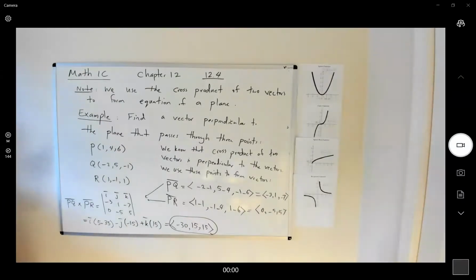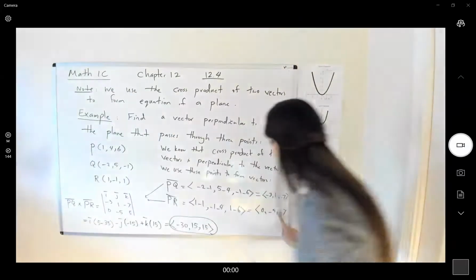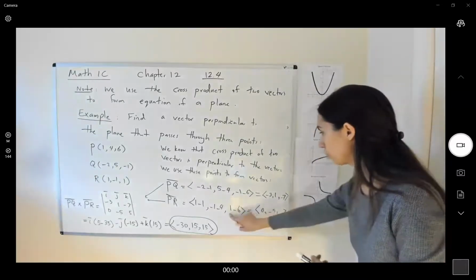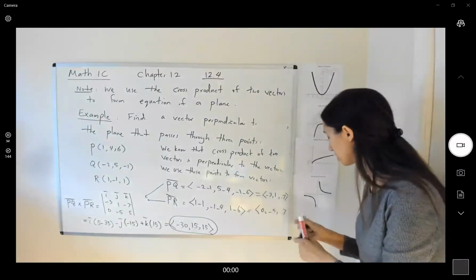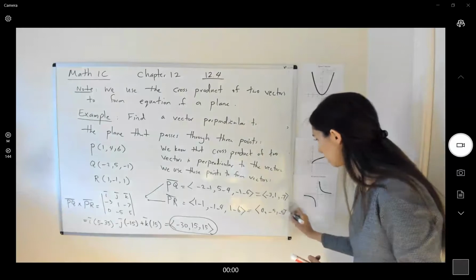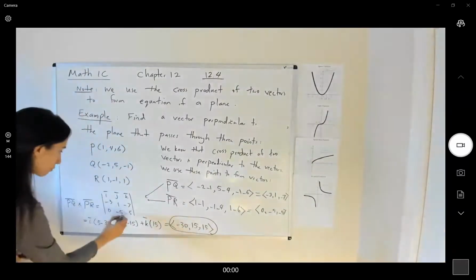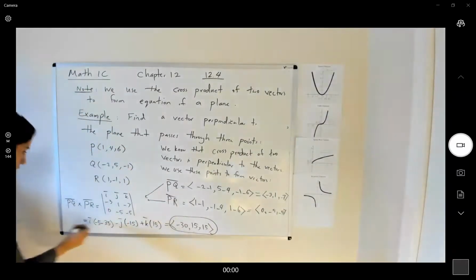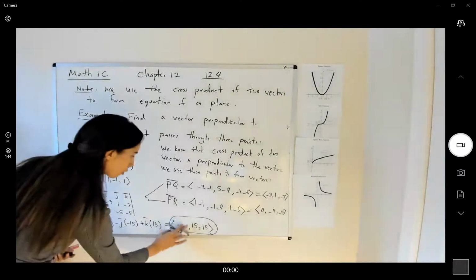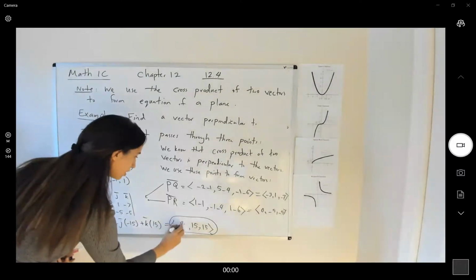I made a mistake here. Let me double check. Okay, this is -5. Let's fix that. 1 minus 6 is -5. Okay. So here you have -5, so you get -40. Let's fix this one here.